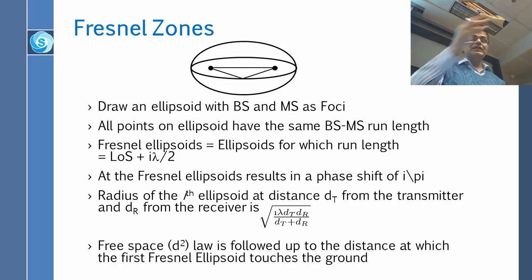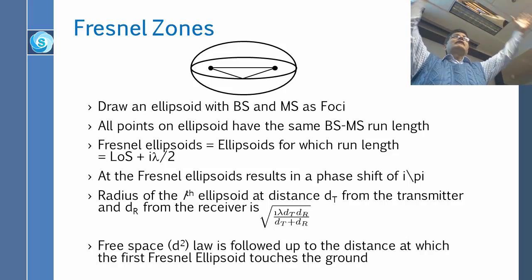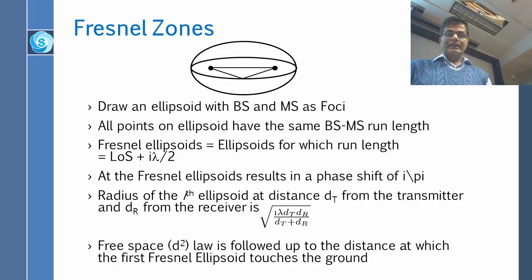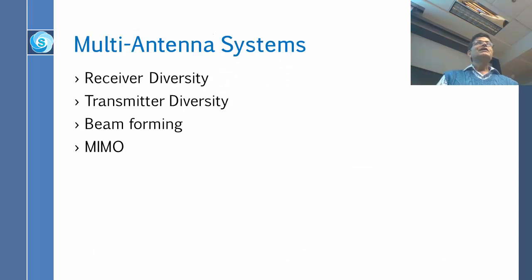We also saw that d break. So that's how we got this formula for d break, using these things. Basically you have the antennas and there are Fresnel zones around them, and depending upon which Fresnel zone you are in, the signal properties are different.